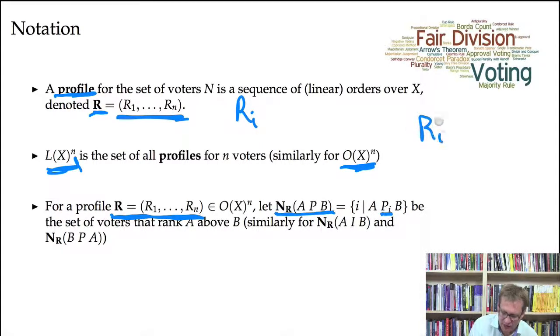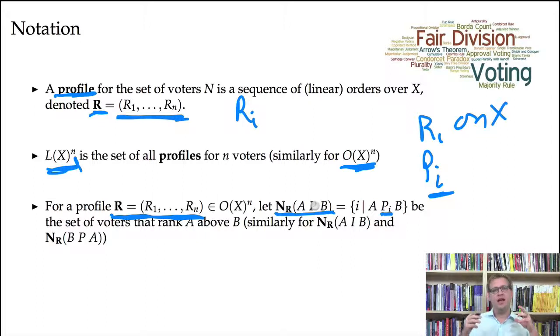Recall that if we have a reflexive and transitive ordering R sub i on X, then P sub i denotes the strict subrelation of R sub i on the set X.